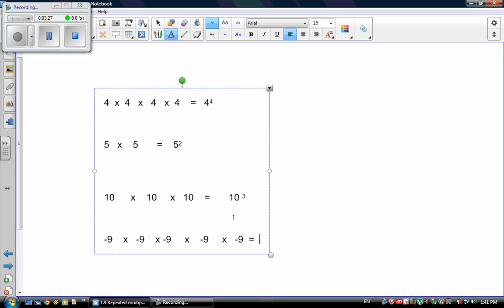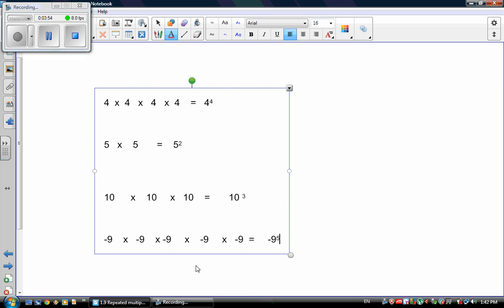What does this mean? This means that we multiplied negative 9 by itself how many times? Let's count the number of times. 1, 2, 3, 4, 5. So we can write it as negative 9 to the 5th power.